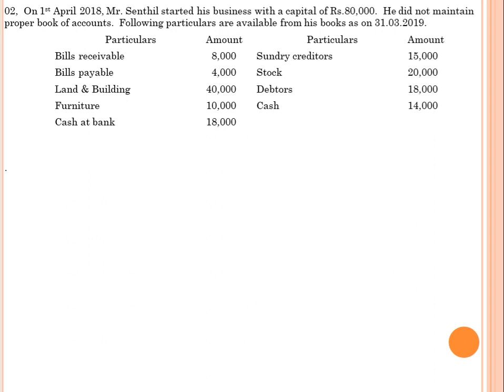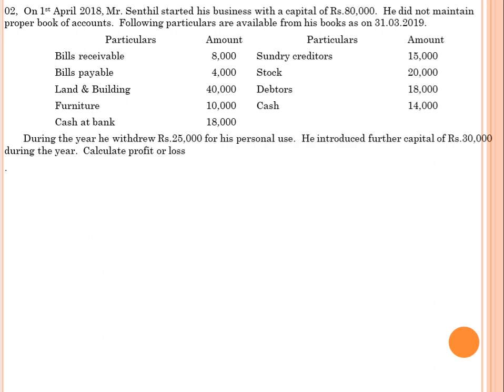These are the balances at the end, 31st March 2019. During the year he withdrew rupees 25,000 for his personal use. He introduced further capital of rupees 30,000 during the year. Calculate profit or loss. Before we work out the problem, check whether the given information is enough to find the profit or loss.